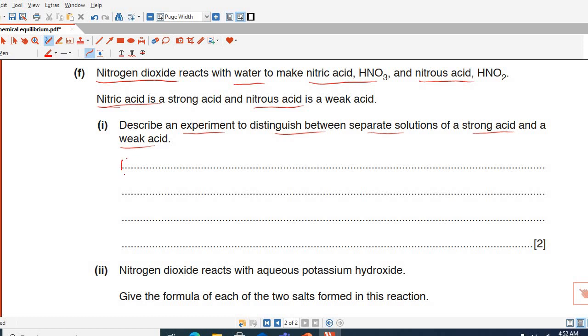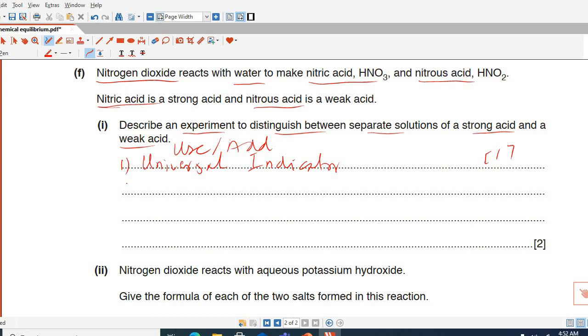One way I am showing you, I am writing here that you can write the universal indicator, right? So you people have to write that we can use or add universal indicator, right? 1 mark you will get.